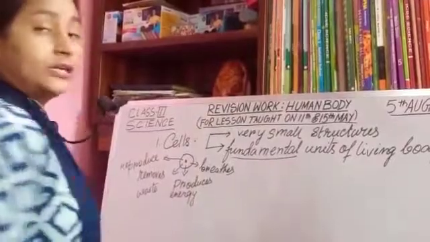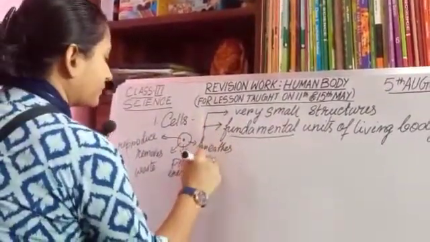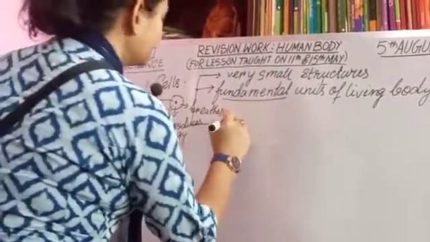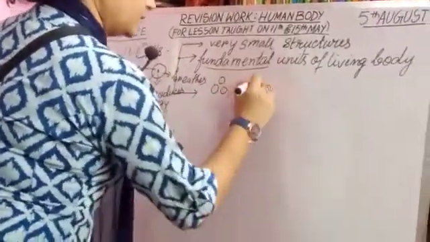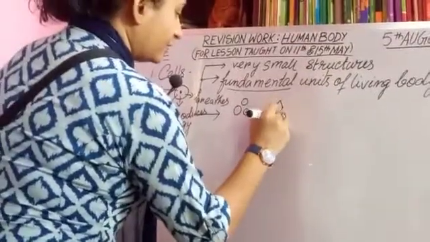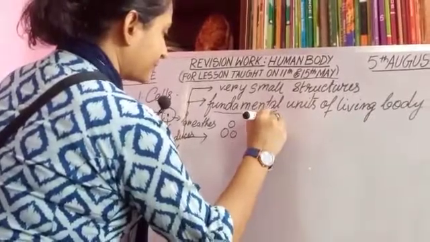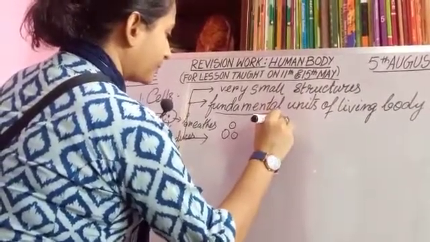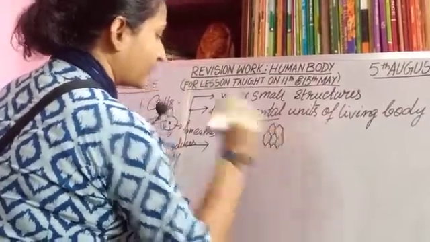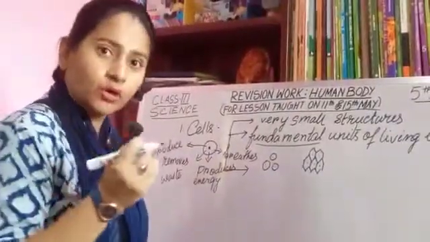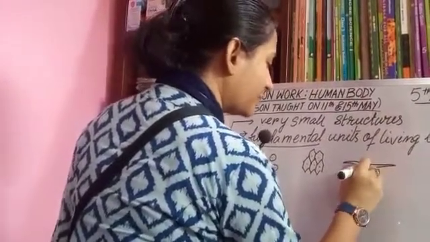Now, cells are of different shapes and sizes, right? Some cells are like this. Some cells have a hexagonal shape like this. Some cells are elongated in structure like this.